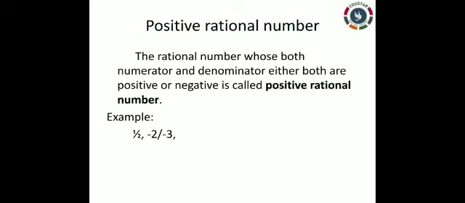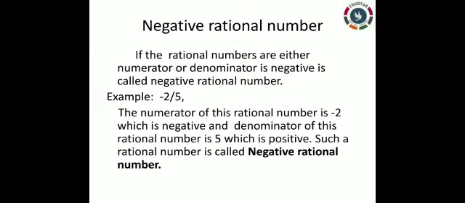Copy down the definition of positive rational number and examples in the classwork note. The next heading is negative rational number. Copy down the definition of negative rational number and examples of negative rational number in your classwork note.